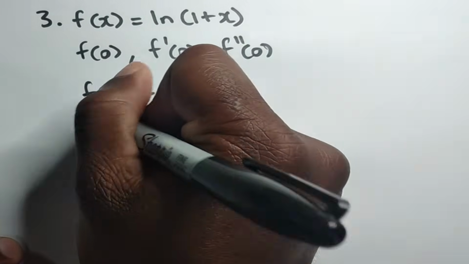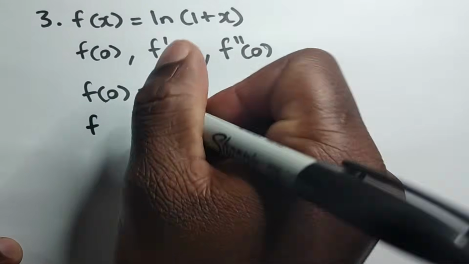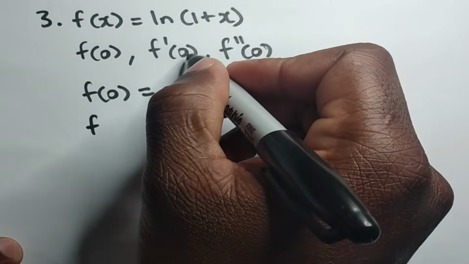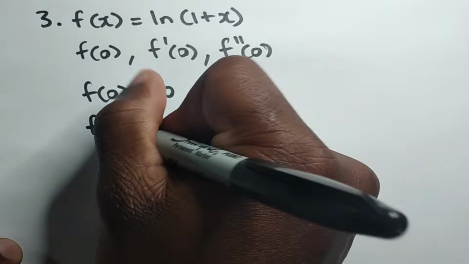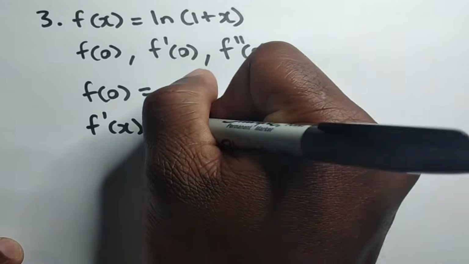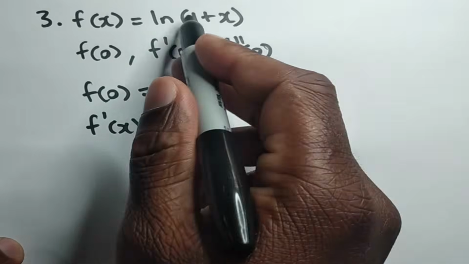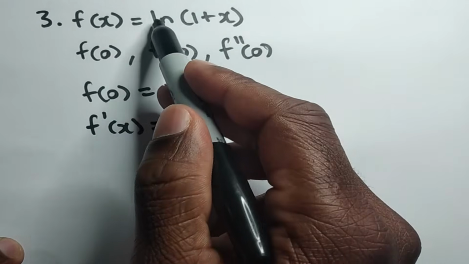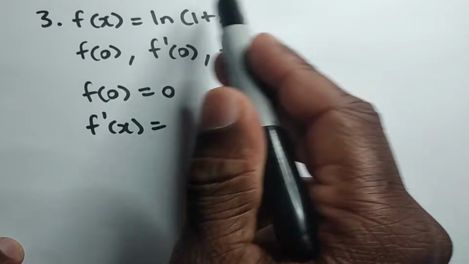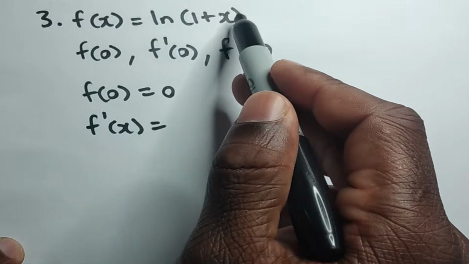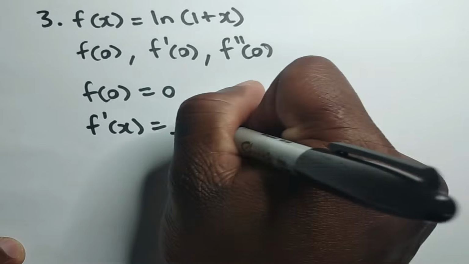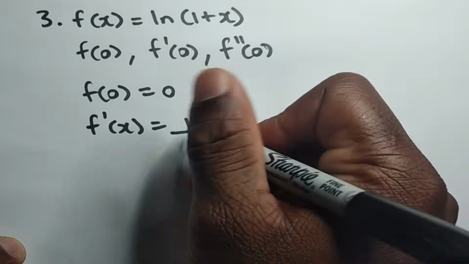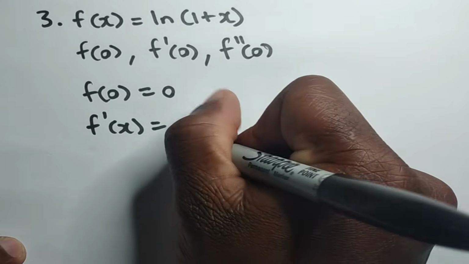So now we want to find the first differential of f of x, because in order to substitute 0 in it, we must first know it. If we differentiate an ln function, ln of whatever, we differentiate the whatever. So we have ln of 1 plus x; we differentiate the 1 plus x, and that gives us 1. Then we put that result over the function itself.